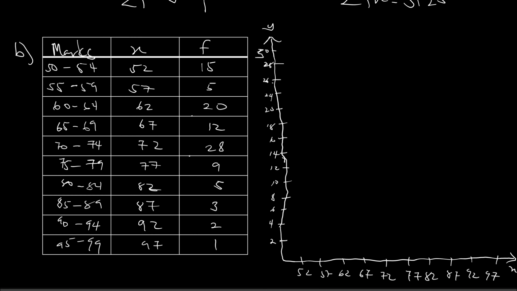We have, if x is 52, our f is 15. And 15 will be over here. So we have this. Now if x is 57, we have 5. So 5 should be somewhere here.